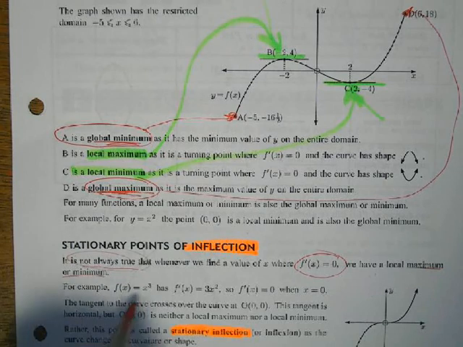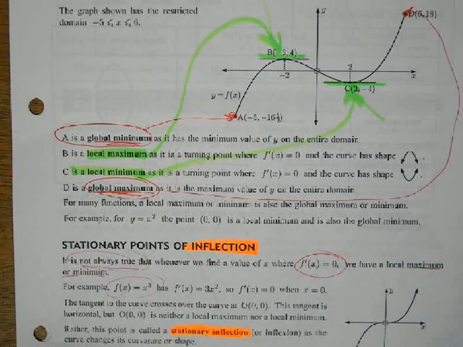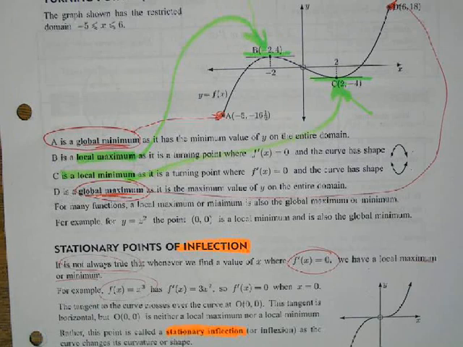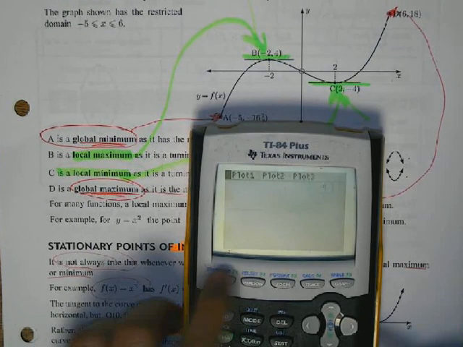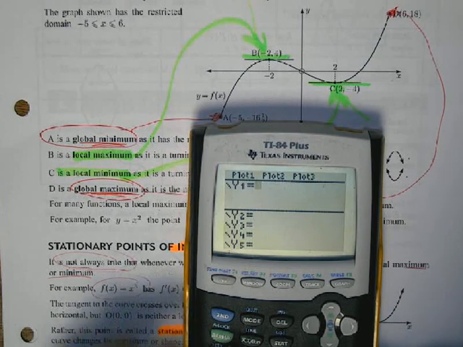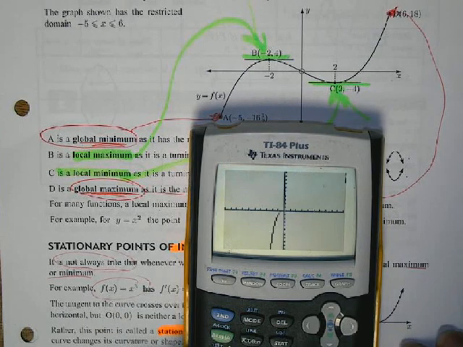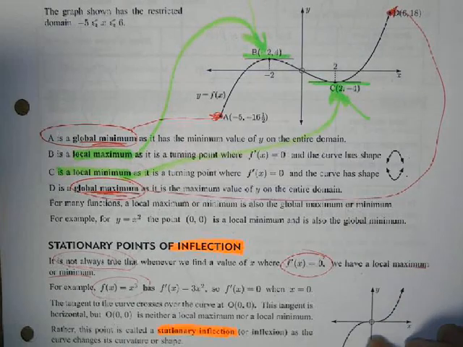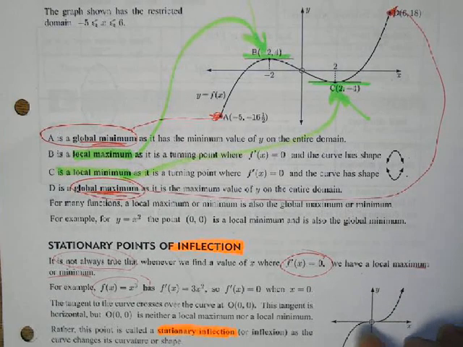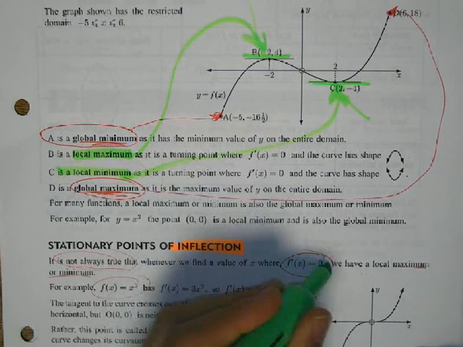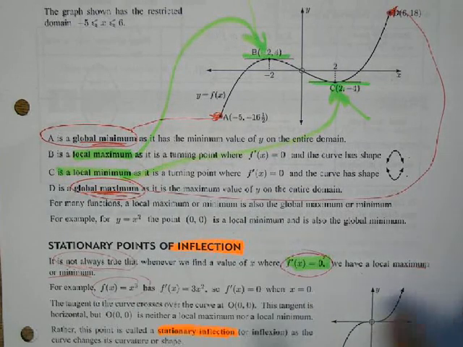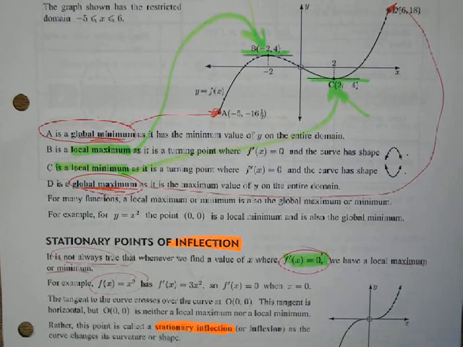So if I've got y equals x cubed, I could just put that into a calculator and graph it, and it looks like what you see here on this picture. The first derivative is 0 here, but we don't have a maximum or a minimum. What we have is a stationary inflection point.